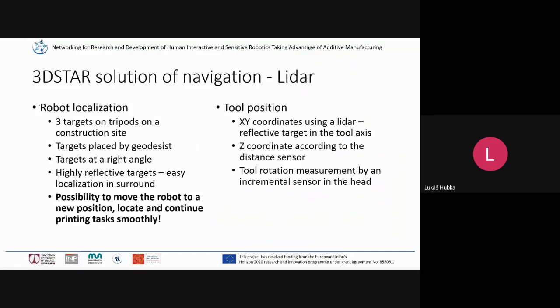As I said, we have two main tasks: localize the robot on the construction site, and find the position of the tool. For these two tasks, we want to use only one sensor. It's the innovative approach and the biggest challenge.